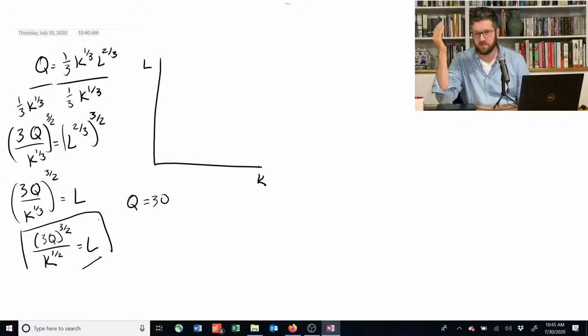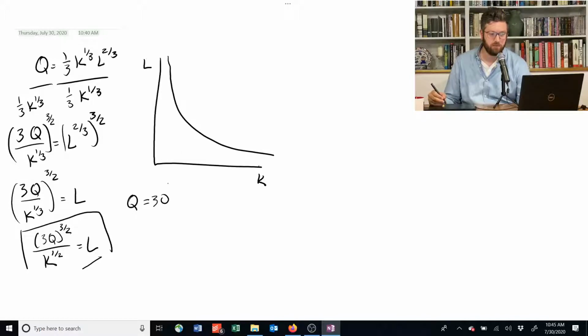In this case, when it's at 0, it's infinitely important. We can actually see from the original production function up here that if K was ever equal to 0, no matter what L is, even if it goes to infinity, you're not going to produce any output. So it's going to end up looking something like this.